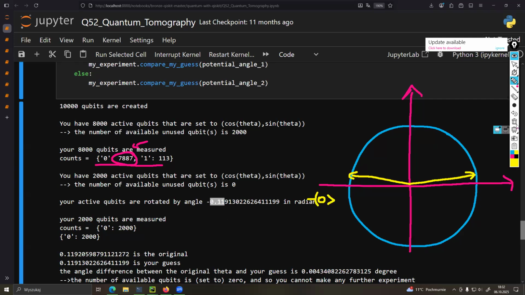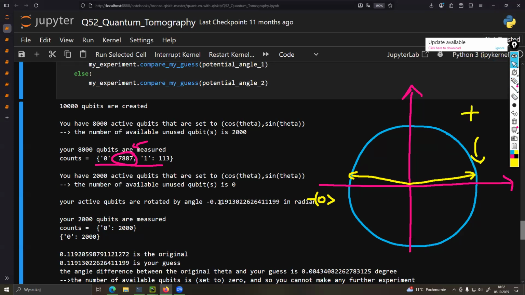Now I propose that in the second step, I say, okay, this will be my proposed angle. I suspect that we are on the plus side.